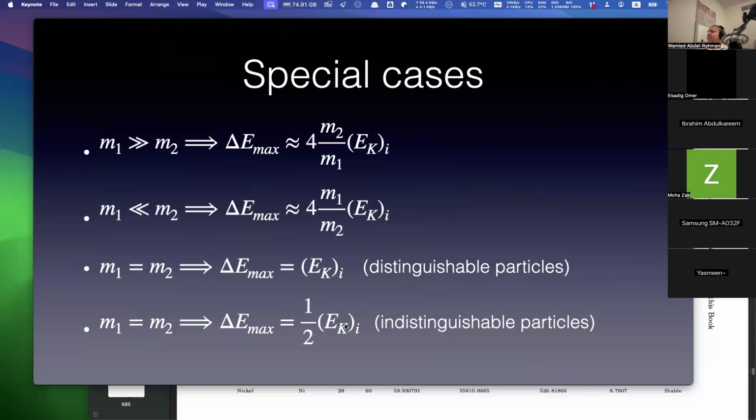The reason is that after the collision, we're still going to see two particles. We cannot know which particle, let's say A, is the projectile or the target. We cannot distinguish between the two. So the maximum possible energy transfer is going to be 1/2 of the kinetic energy of the projectile.